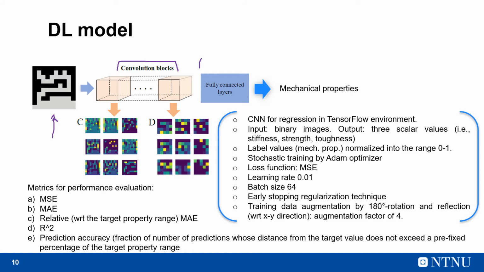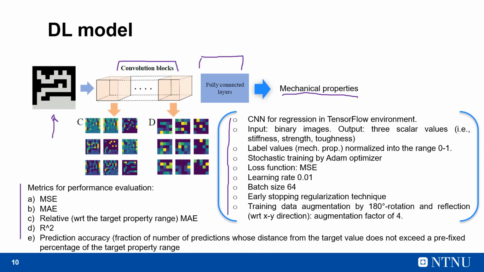And then finally, fully connected layers which predict the mechanical properties as output. So here you can find some details about the deep learning model together with the metrics that we chose to use for evaluating the performances.